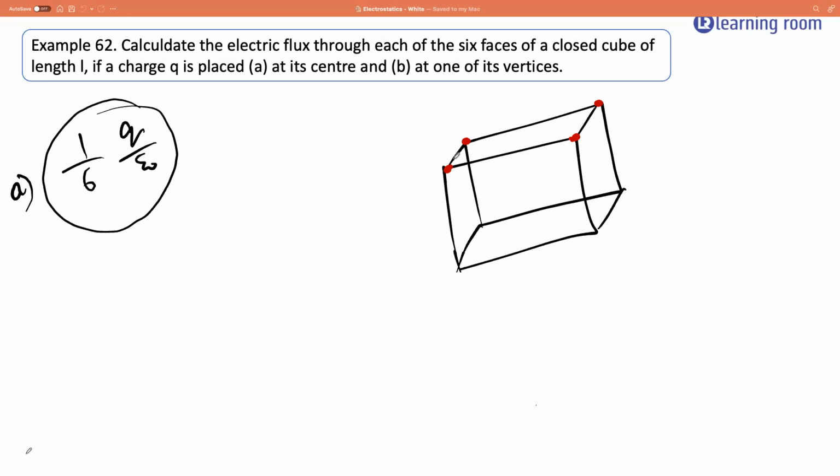What are the 2 cases? The adjacent faces will have 0 flux through them, and the opposite ones will have 1 by 3 Q by epsilon. Why is it 1 by 3? So we have to integrate. Okay, it's 1 by 24 Q by epsilon, because only 1 by 8 of the flux enters the cube and it passes through the 3 faces.